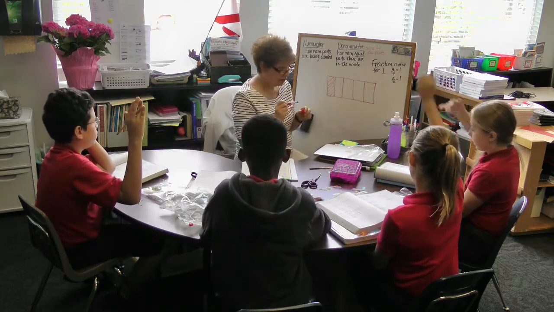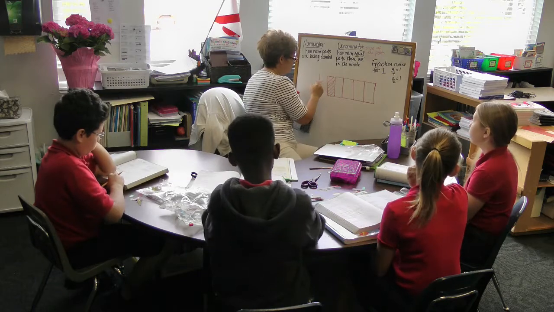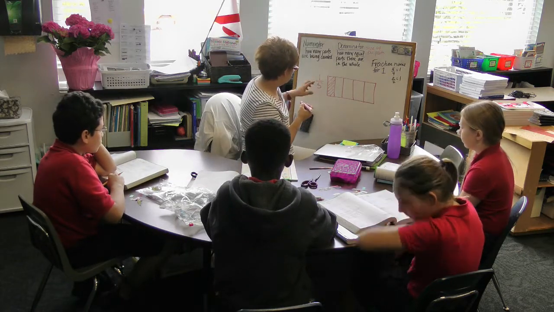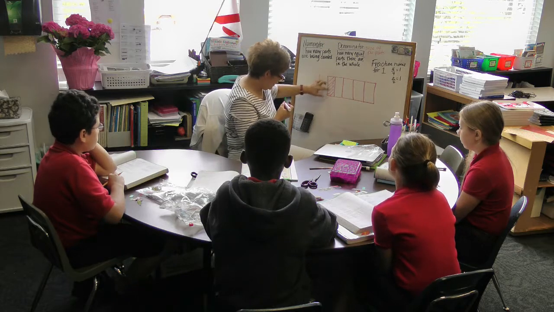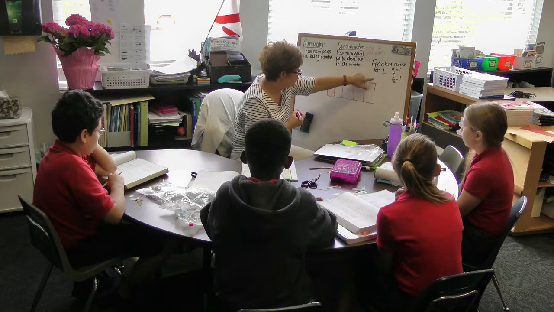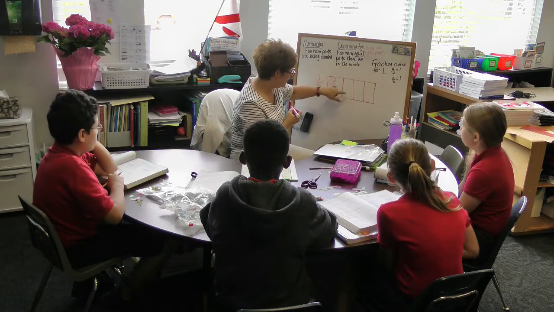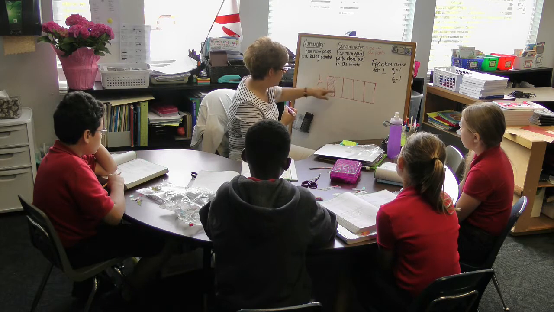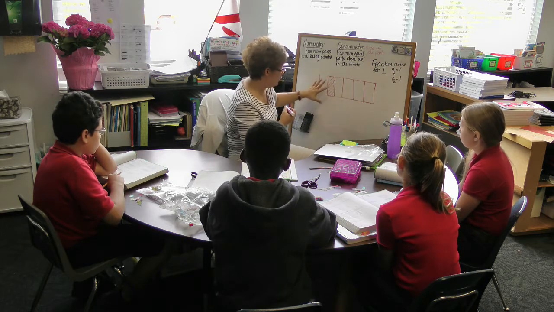Okay, what is the fraction? 1/5. Okay, 1/5. It's showing that the part that we're counting here is shaded in, and that we have 5 parts. This is the denominator telling you how many equal size parts there are in the whole.